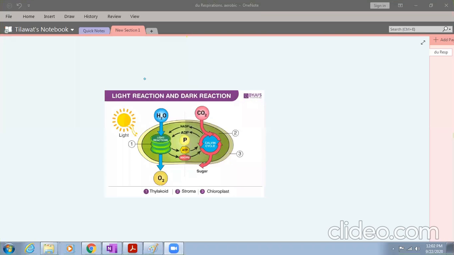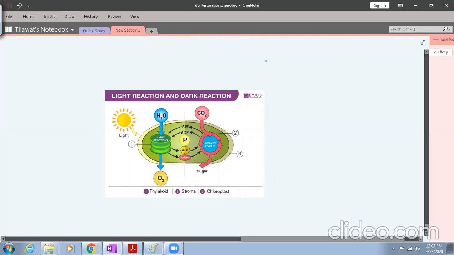Am I clear? Dear students, the topic of discussion for today is photosynthesis. So today we are going to discuss photosynthesis in detail and the steps involved in photosynthesis. Photosynthesis is the process through which green plants prepare their own food.